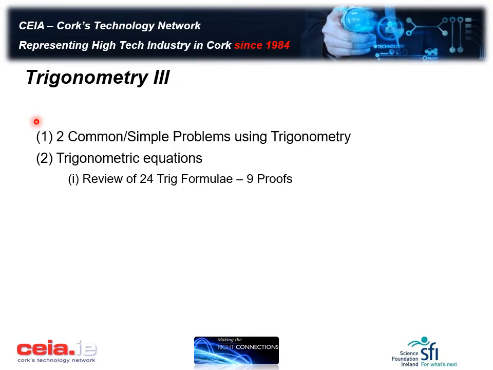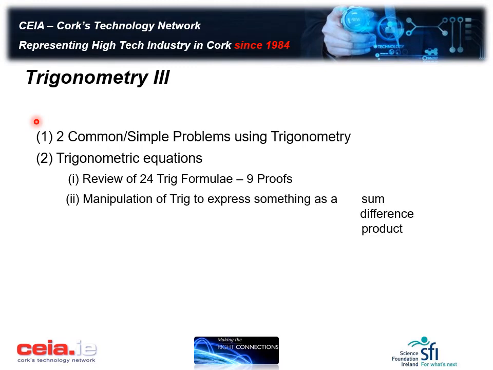First of all, there is just a review of all the equations that are on the course, 24 in total, 9 of which may be asked to be proved, and you need to know which ones proofs may be required for in the exam and be able to do those.